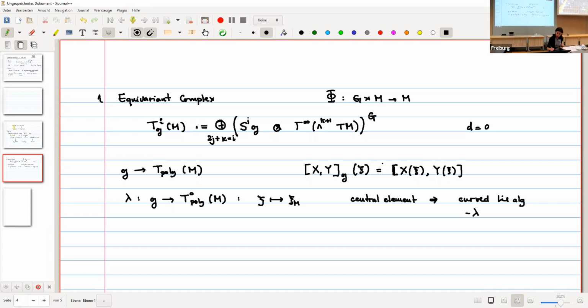And even more, you can say that if you look at the curved Maurer-Cartan elements, these are exactly G-invariant Poisson structures with equivariant momentum map.